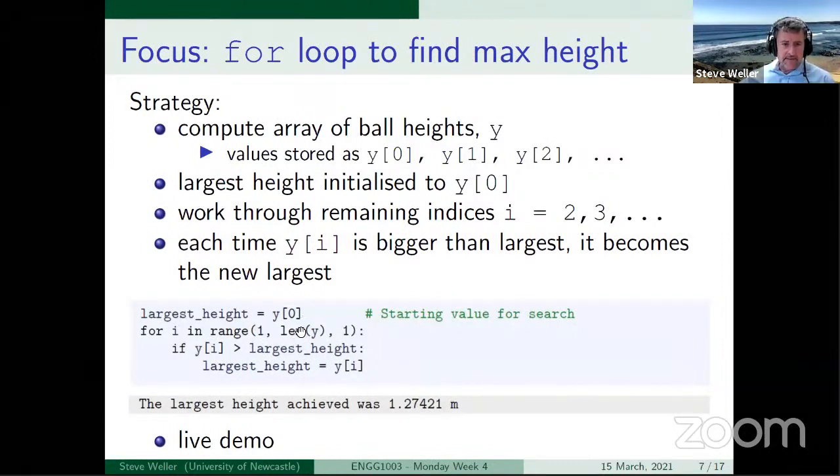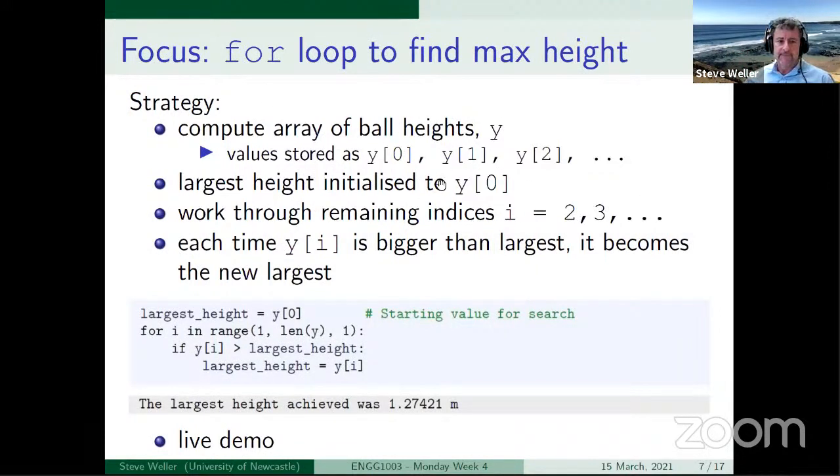in the range 1 to the length of the vector, incrementing by 1. So this really says we're going to search exhaustively over the set of indices in this array. Length of y here was 1,000, and we used a linspace function to generate an array of time points of length 1,000.